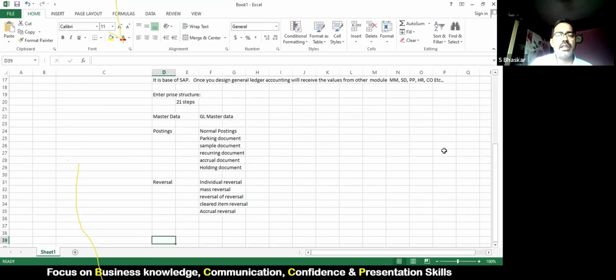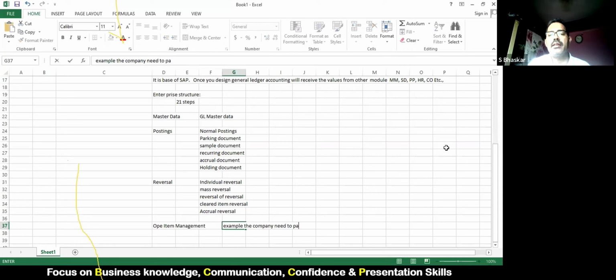Then you're going to see the reporting structure. Then there is a concept called open item management. What is open item management? Example, there is a due of 100 rupees. The company needs to pay 100 rupees to the vendor. Right now you don't have 100 rupees.